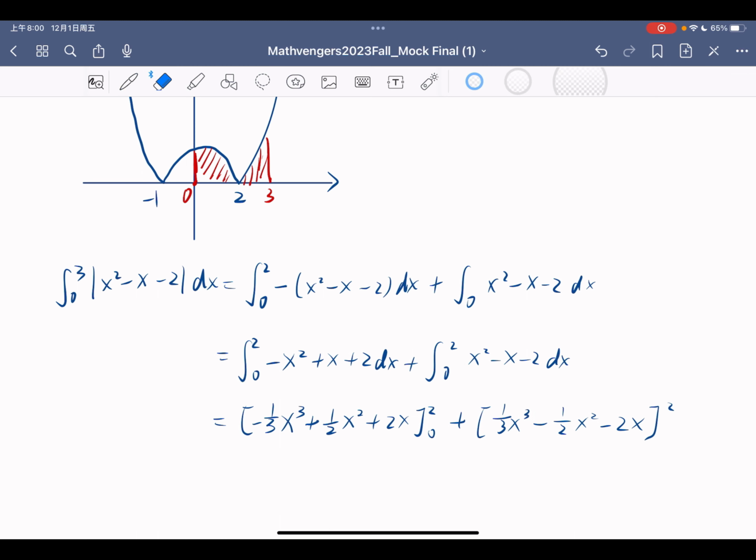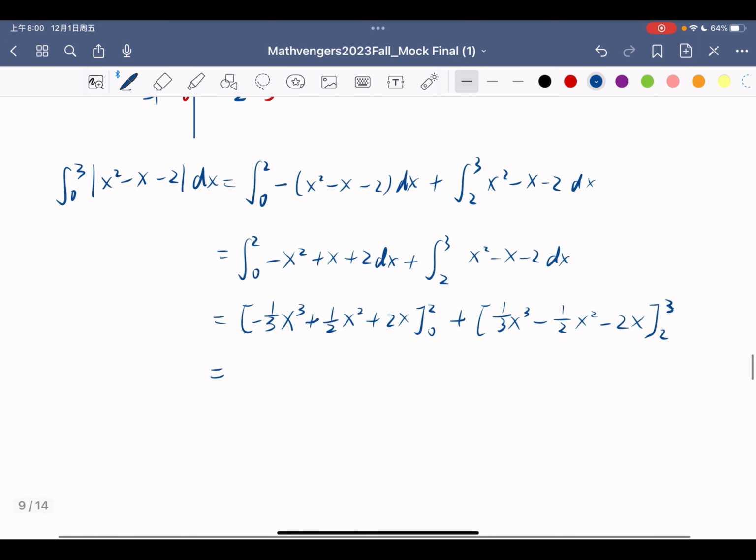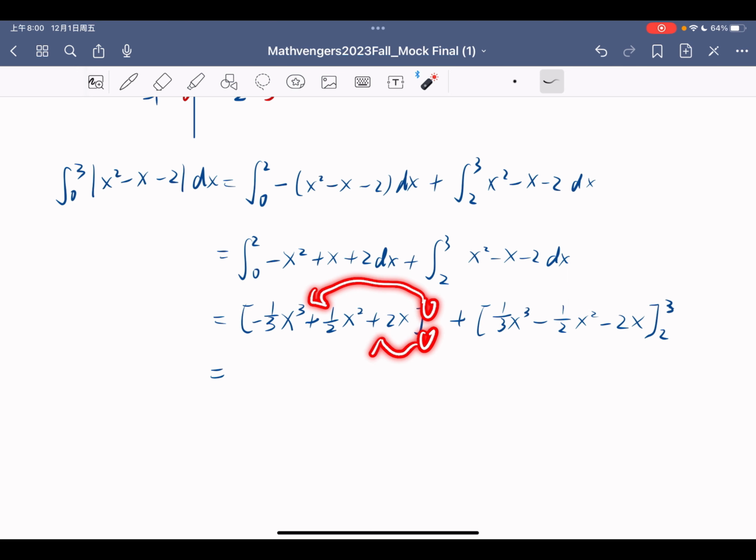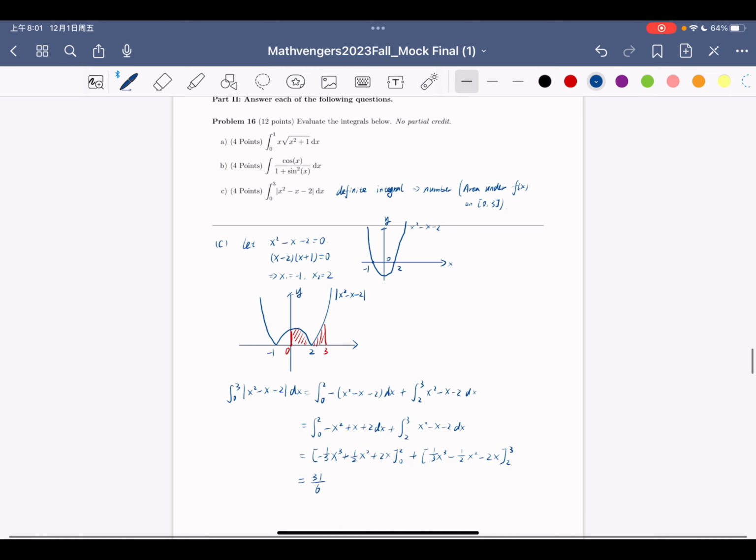Sorry, here should be from 2 to 3. Okay. And after we compute, we substitute the values into these two functions, and we can compute, this should be 31/6. This is problem 60.